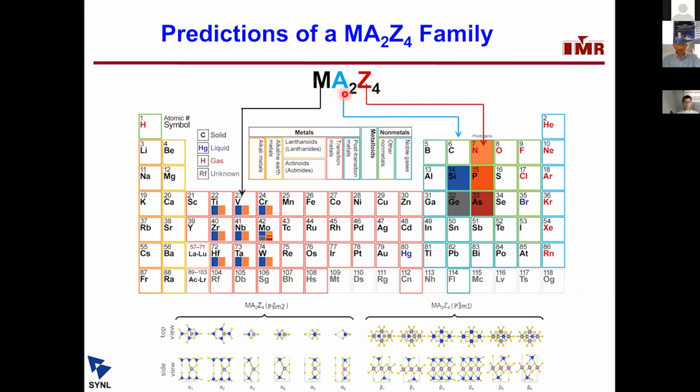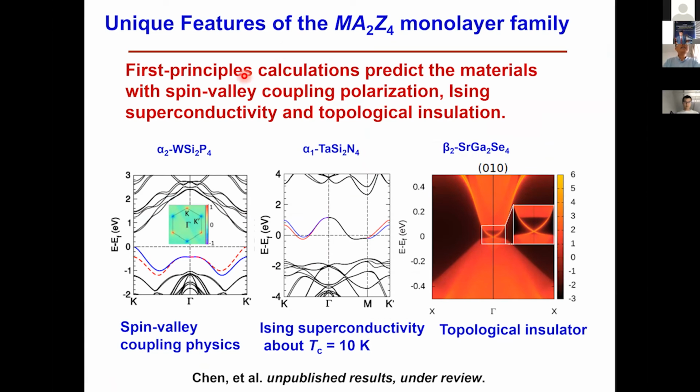So we choose a metal from here, and another element like silicon, germanium from this family, and also nitrogen, phosphorus from this family to make this three-element material. And we try to understand some unique features of this material.